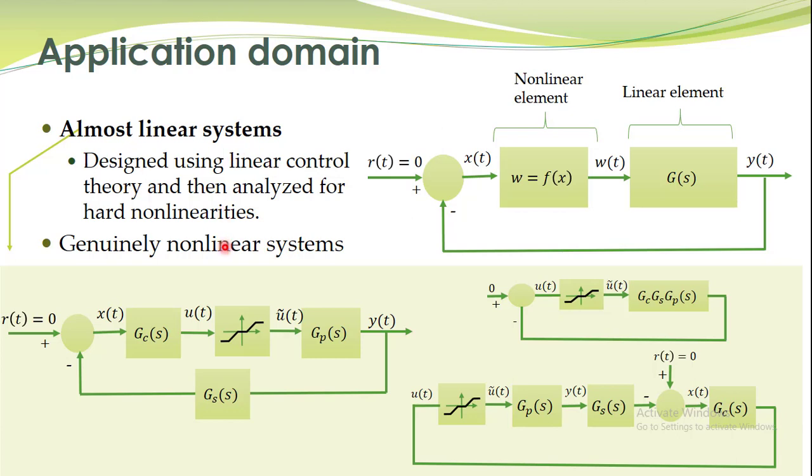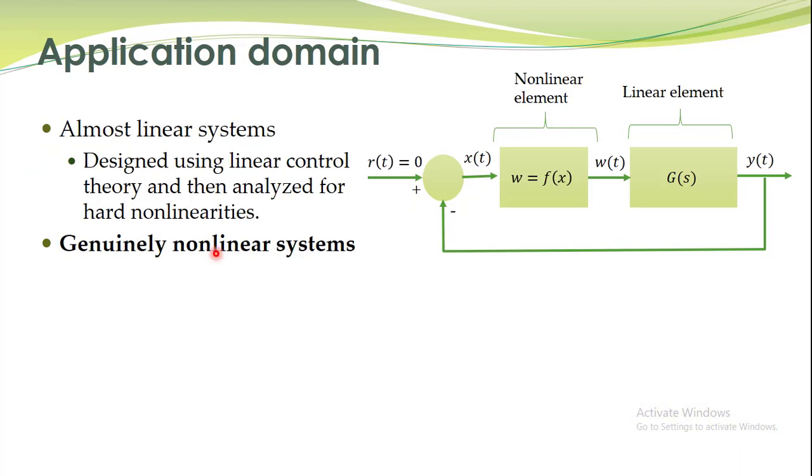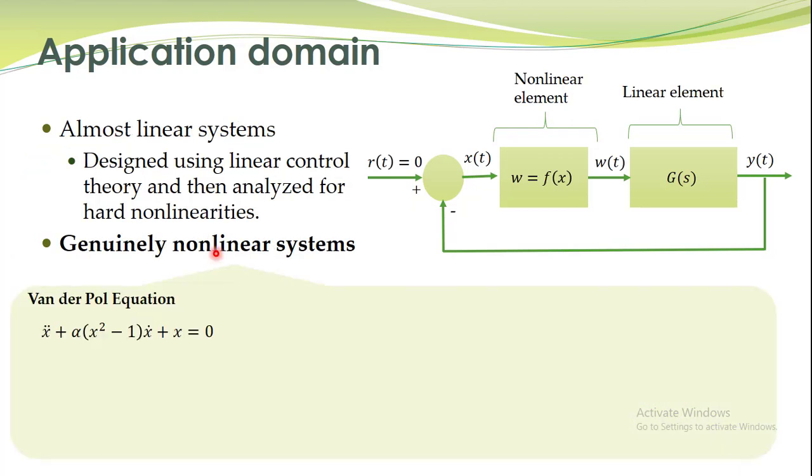The second category of systems which can be analyzed by this approach is genuinely nonlinear systems. Let's elaborate this point as well. So this is a nonlinear differential equation. The system is itself nonlinear, and we want to analyze this system utilizing the describing function analysis technique. For that purpose, we need to bring this equation into this particular block diagram.